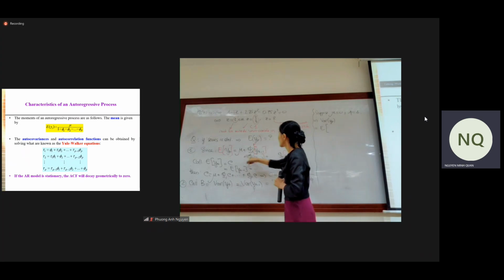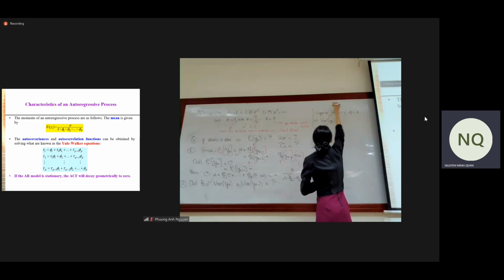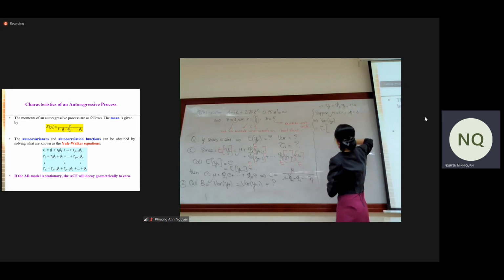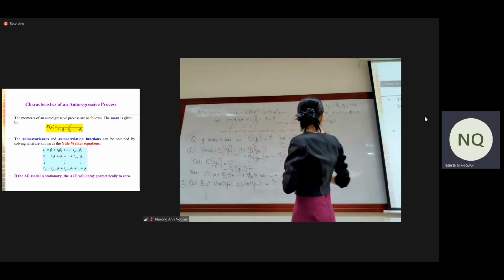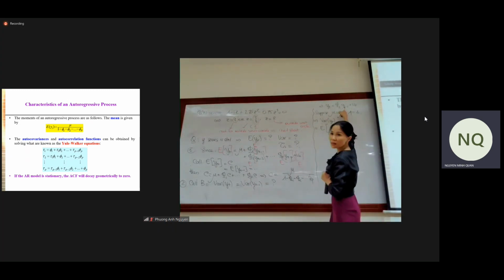Now I want to replace yt here, so I write out the equation: yt equals phi 1 yt minus 1 plus ut. That's not always easy to write down. Now I can replace yt with phi 1 yt minus 1 plus ut, times itself.